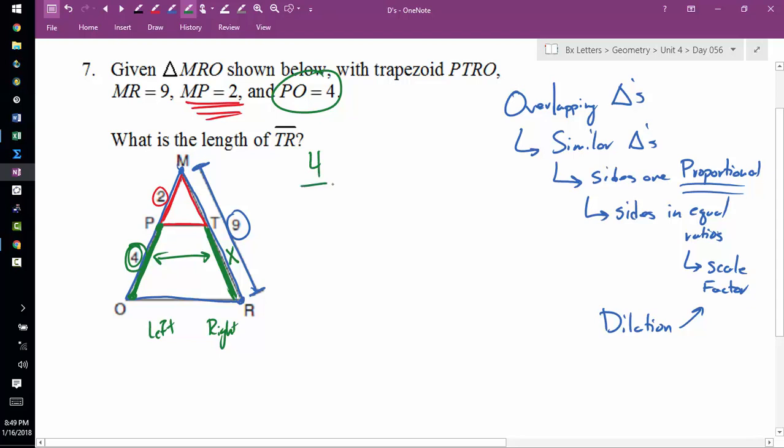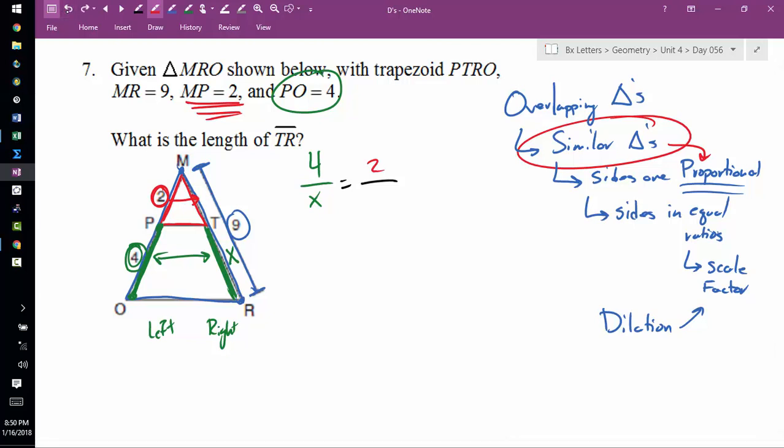I could do 4 over its corresponding piece, x. And since we're talking about similar triangles, I'm allowed to make a proportion. I'm allowed to say, yo, that thing is equal to some other ratio formed in a very similar way. And immediately you want to go, oh, hey, it's going to be 2 over whatever that is. And we don't know what that is. So we could call it y, but now we got 2 variables and we can't solve that.